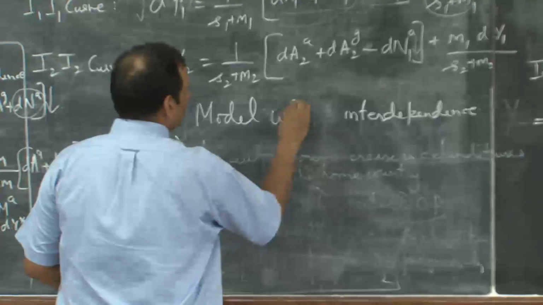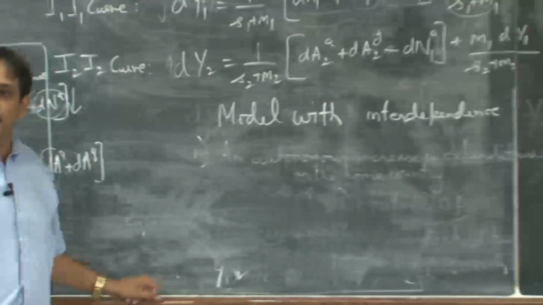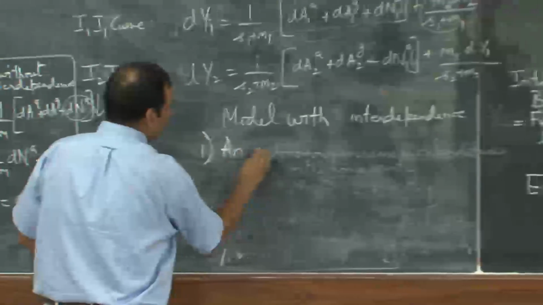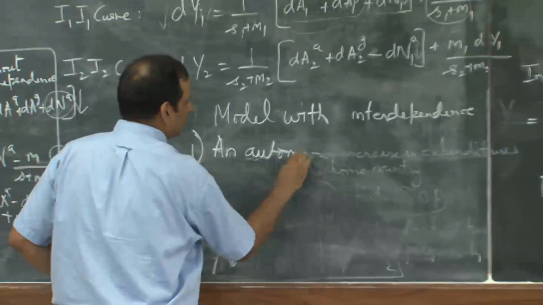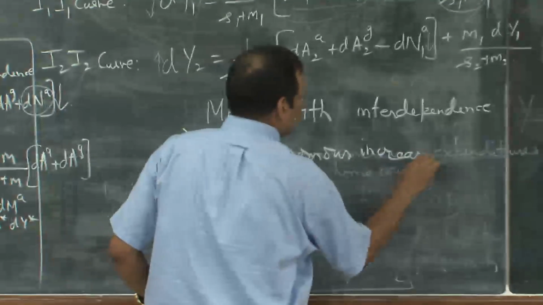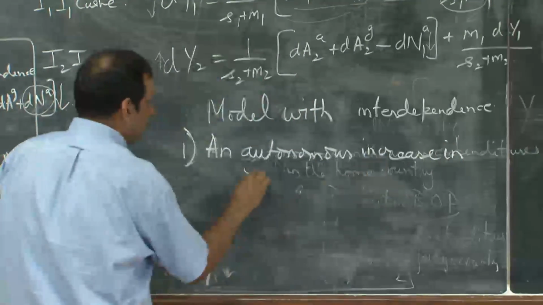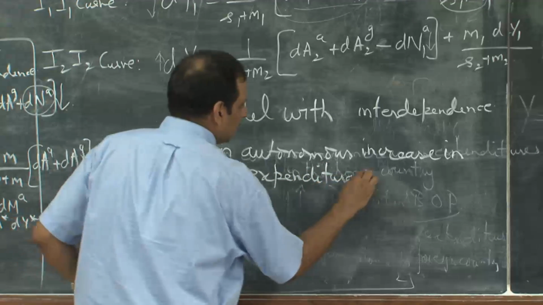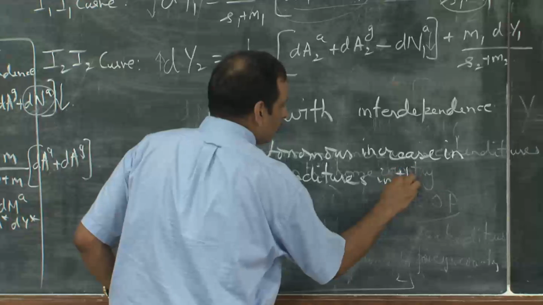So you have a model with interdependence, and again a shock comes. The shock is an autonomous increase in expenditures in the home country.